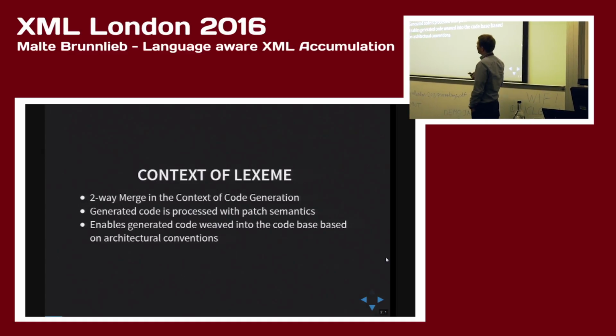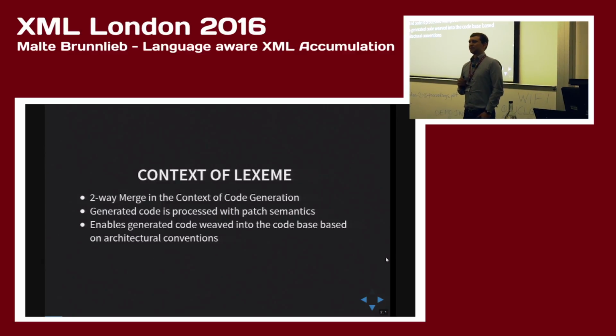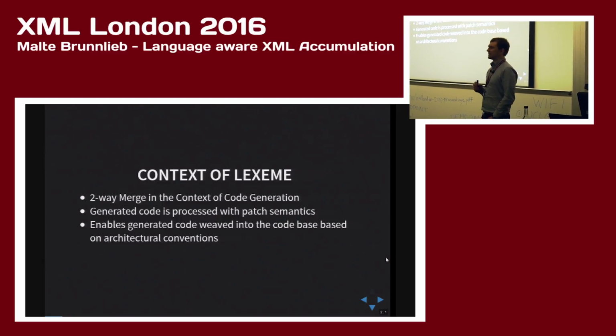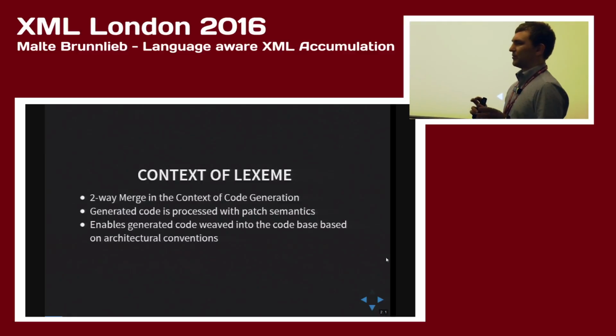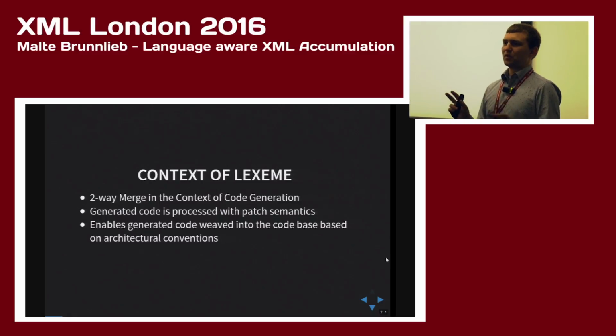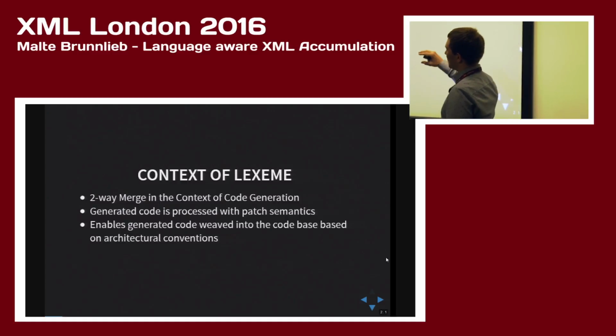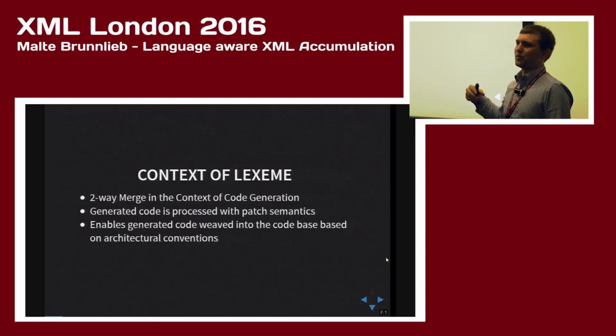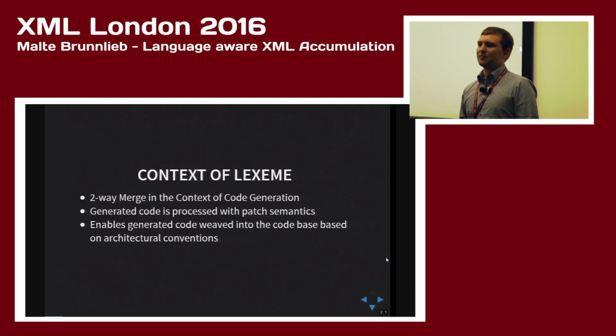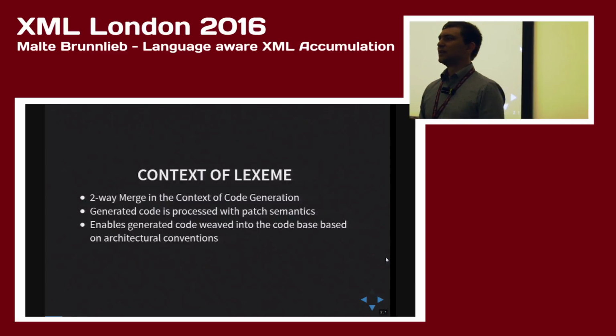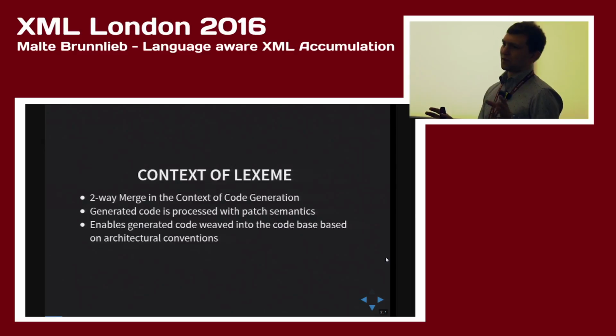So putting this into two-way merges, we have to discuss: are the two documents of equal semantics, or do they have different ones? In our case, because we generate a patch we want to apply to some already existing document, we have a base document and a patch document.